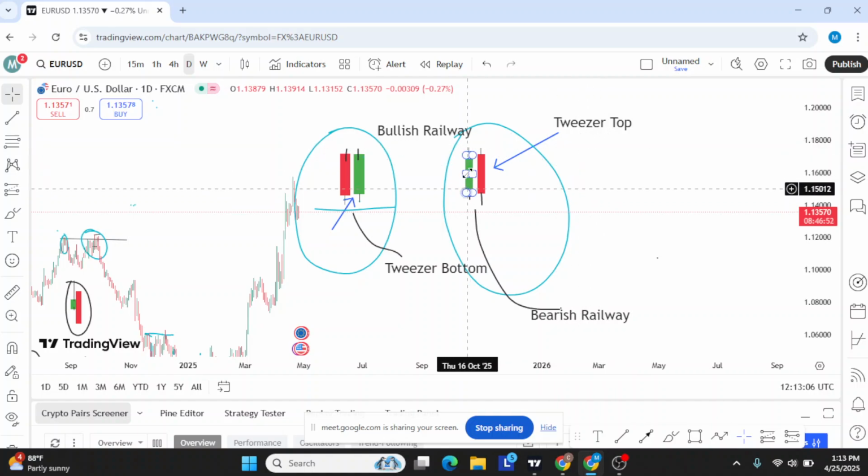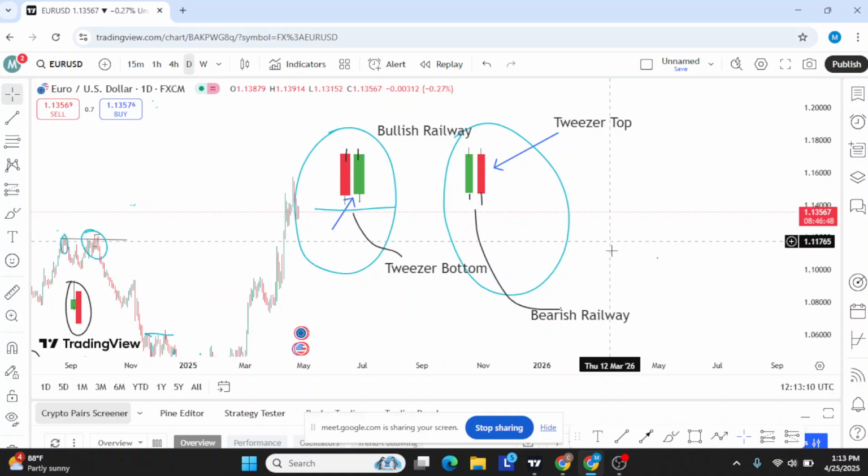With the tweezer top, wicks at the top only. You don't want to see wicks at the bottom. But with a bearish railway, you want to see wicks at the opposite sides. And mind you, they both serve the same meaning, but we just want to be able to identify which one is tweezer top and bearish railway, which one is bullish railway and tweezer bottom. Is that clear?